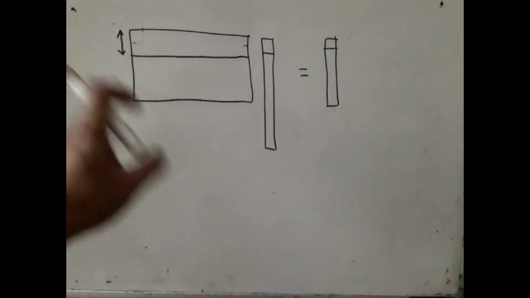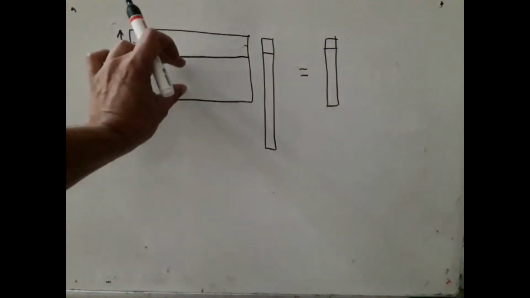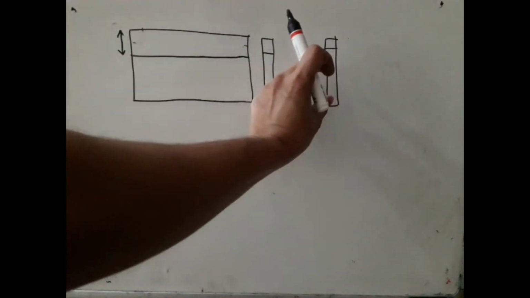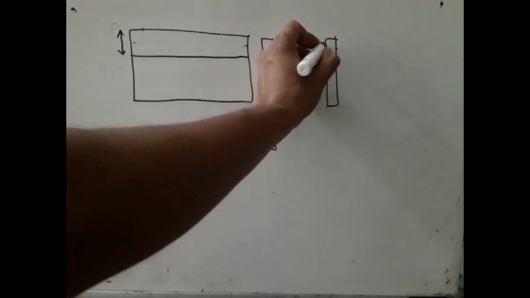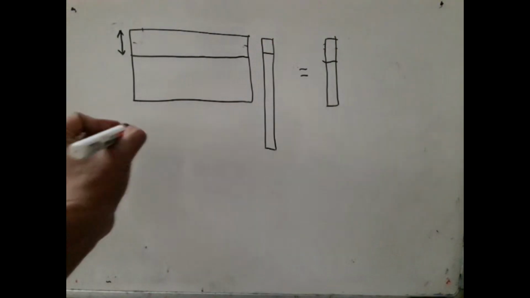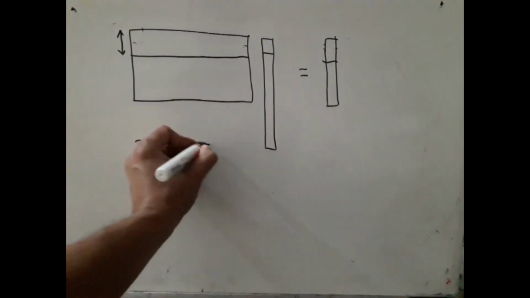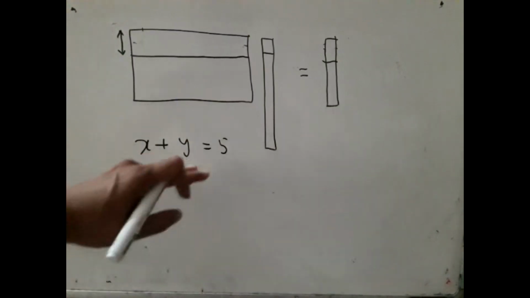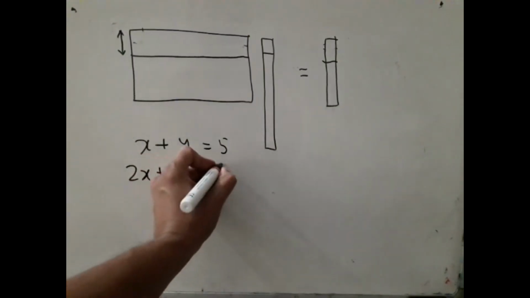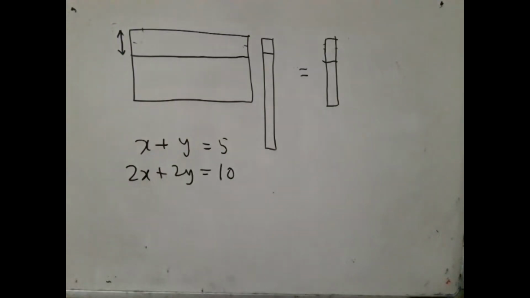Now I must make sure that it is not just enough that these things are multiples of that, but the corresponding things here must also be multiples, because otherwise the system will not remain consistent. Like if I have x plus y equal to 5, and the next thing is 2x plus 2y, this is a multiple of that, but I need this to be also the corresponding multiple, otherwise it will not remain consistent.